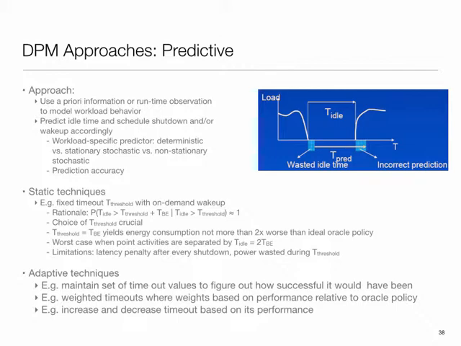So there are many different ways people have approached these sort of things. So for example, one is you can maintain a set of timeouts, almost like doing a simulation in parallel conceptually, and the system tries to figure out what is the optimum value of threshold that works for this particular usage scenario. Question?